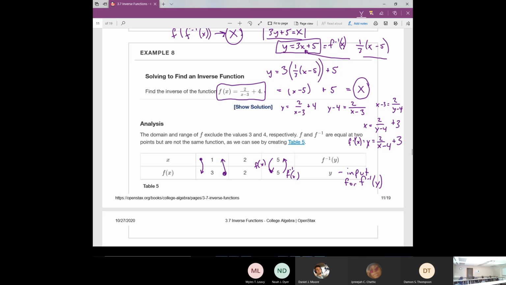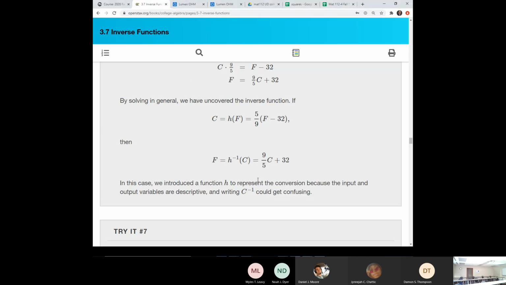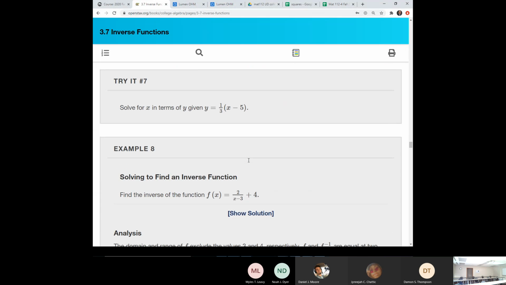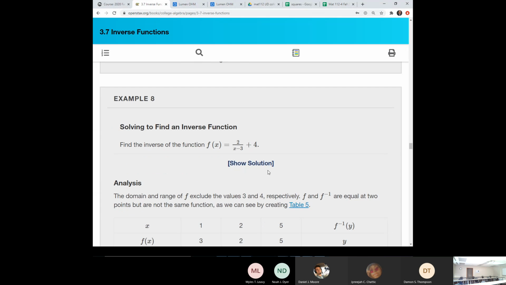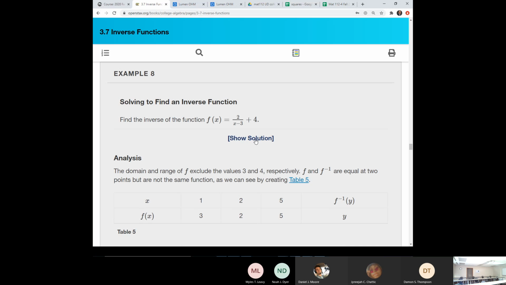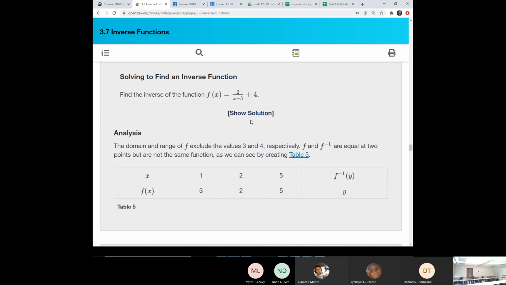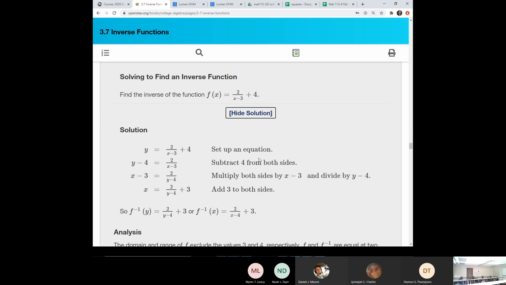Let's see how they explain that in the book by going to that online example here, finding the inverse of that. Let's see their solution and how they did it. I'm hoping they did it very similarly to how I did. Set up the equation, subtract 4 from both sides, multiply both sides by x minus 3, divide both by y minus 4 to get there.